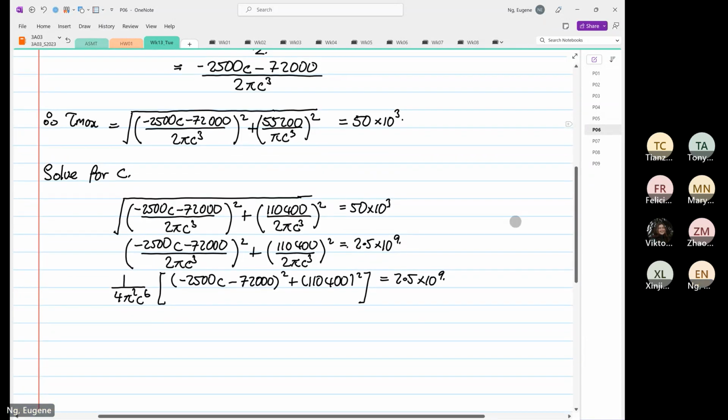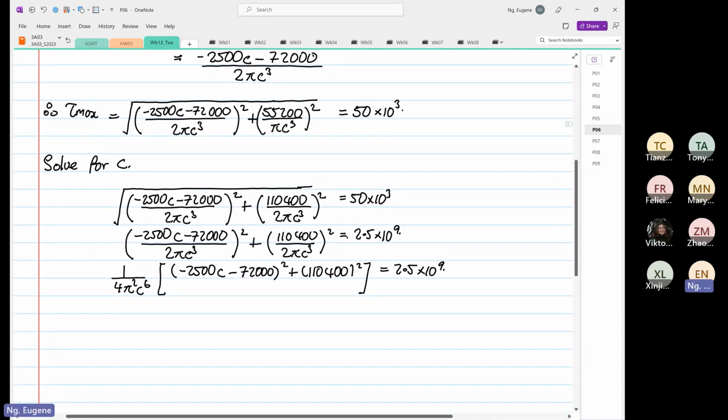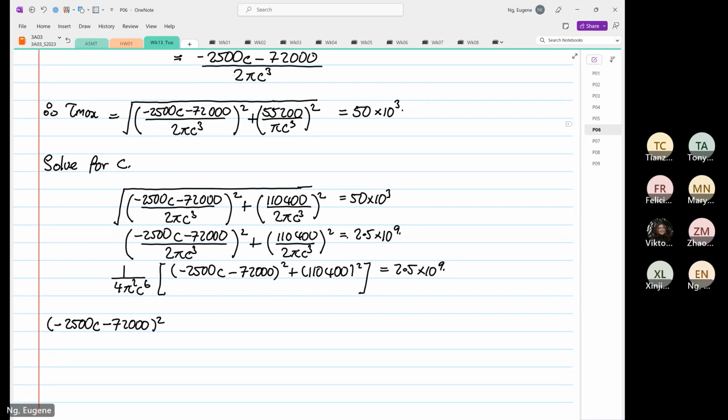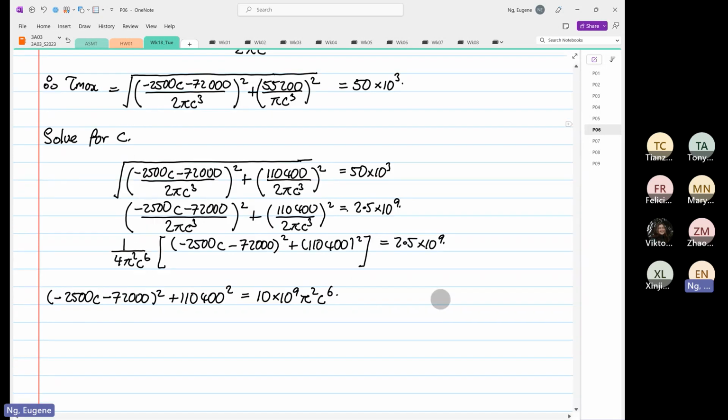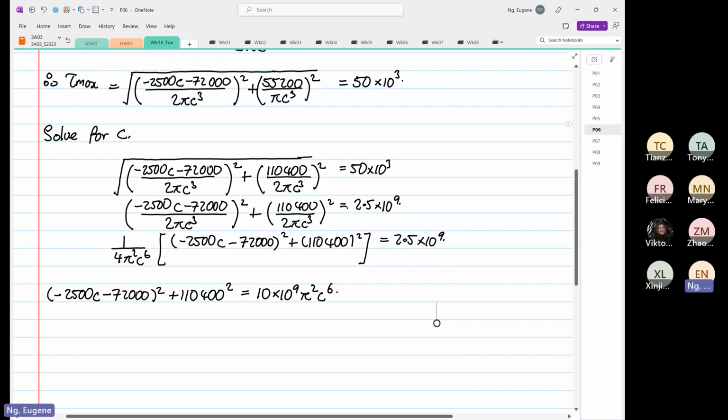So let's tidy things up a bit. So this is equal to minus 2500 C minus 72,123 squared plus 110,400 squared. This will be equal to 2.5 times 10 to the power 9 times 4, 10 times 10 to the power 9 pi squared C to the 6.